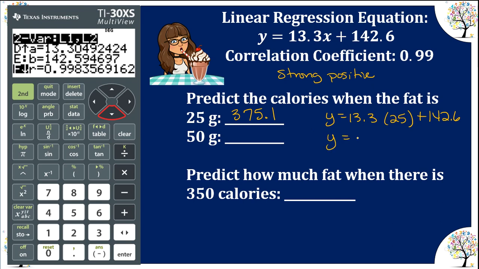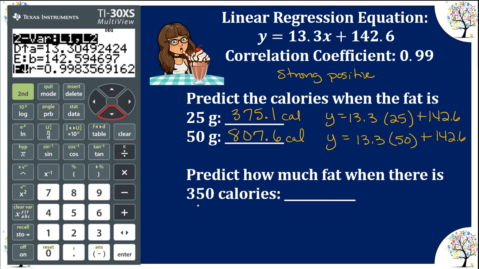And then whenever I put in 50 grams of fat, how many calories will that give us? Again, calories is energy for our body to burn. And if we don't burn it, then we store that energy. So this is 807.6 calories. So let's put our units there, Miss Thomas.